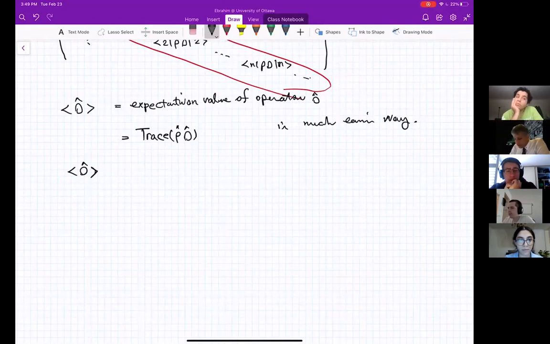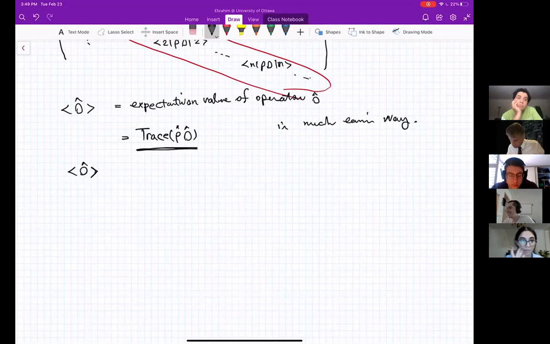Because we have to do the calculation, find the trace, right? And the trace should be done in a specific basis, right? Naively, the number state basis. Let's do it in the number state basis. Why not? Let's do that and find out what ρ is in the number basis.